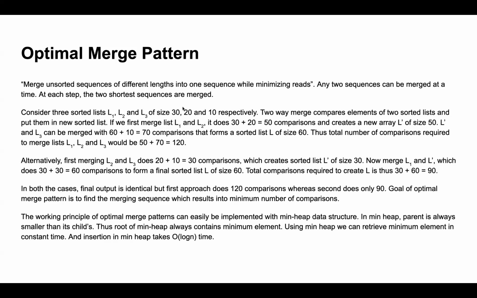Okay, first we merged L1 and L2, 30 plus 20 is equal to 50. So 50 comparisons are there, and we created a new array L dash of size 50.